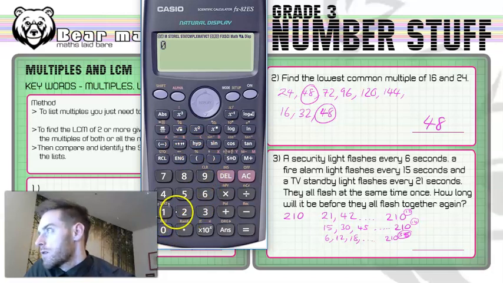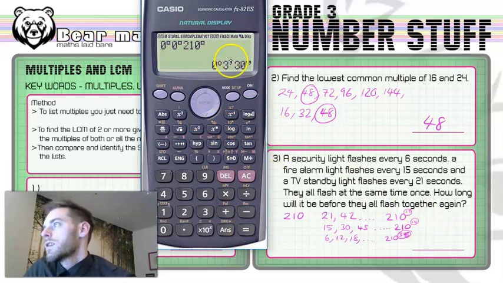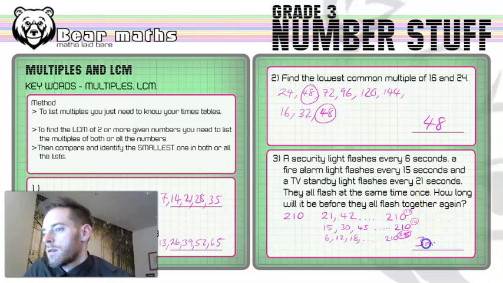So 0 hours, 0 minutes, and 210 seconds equals 3 minutes and 30 seconds. You could convert, 60 seconds in each minute, but that is a nice way of doing it. So when will they all flash together again? It will be 3 minutes and 30 seconds. And that question is done.